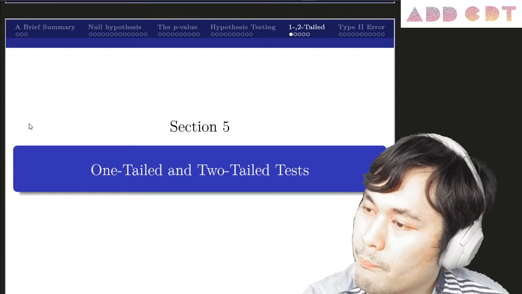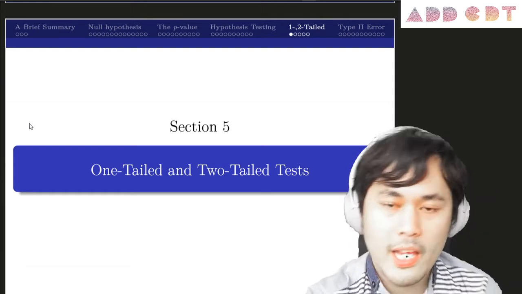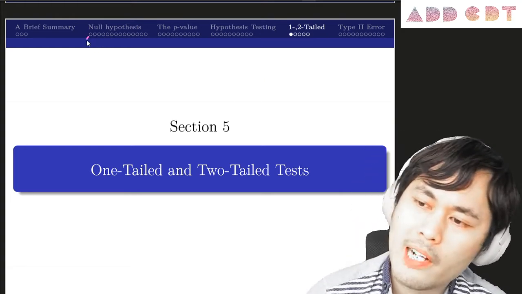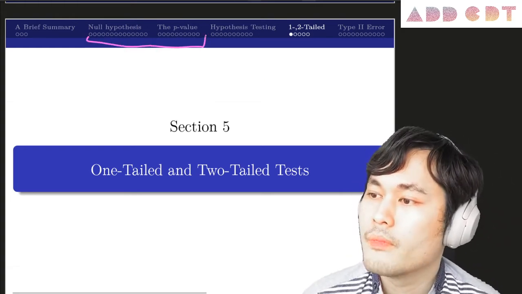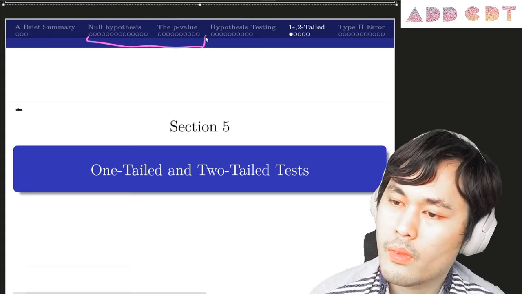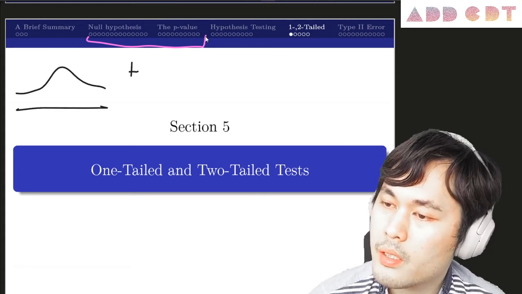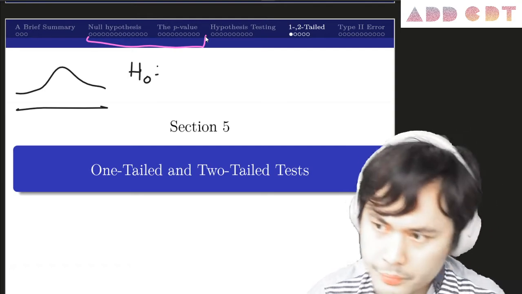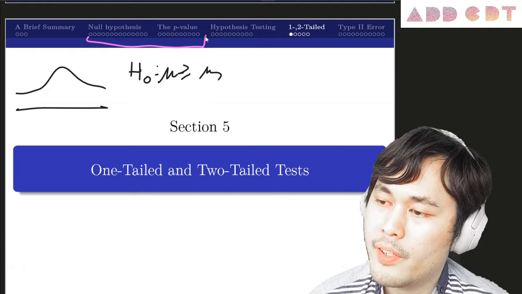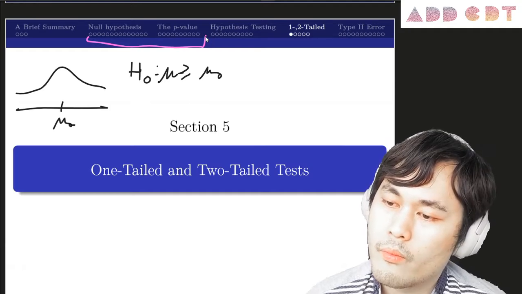And this is kind of a side note here. For the first 2 parts, here and here, we only look at the case when the null hypothesis is of the form mu is greater than or equal to some value here.